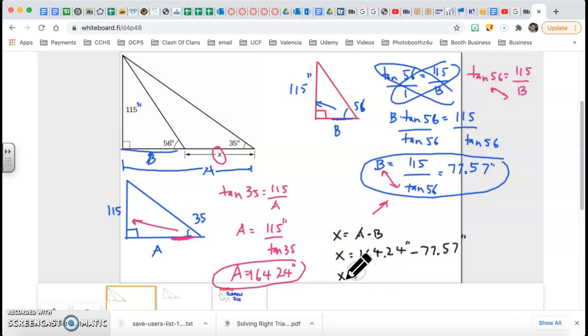Therefore, x is, according to my math, 86.67 inches, not 67 inches.